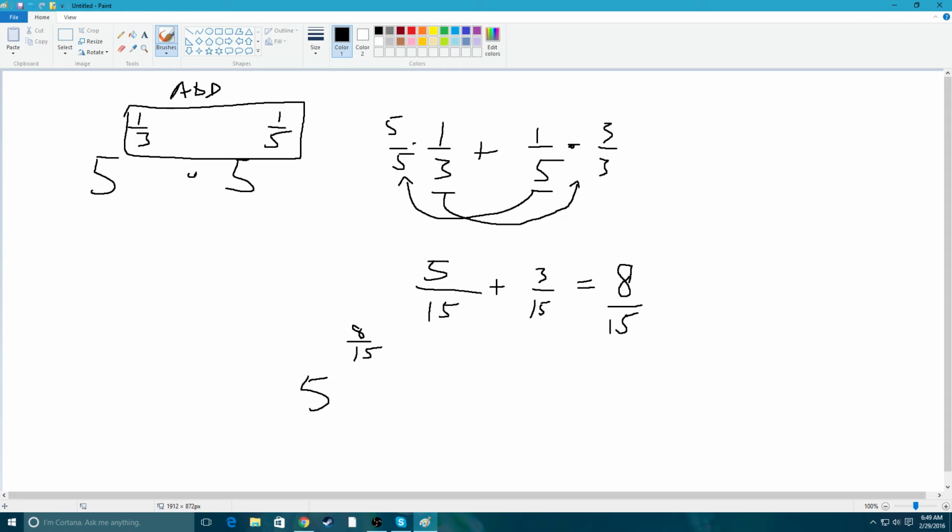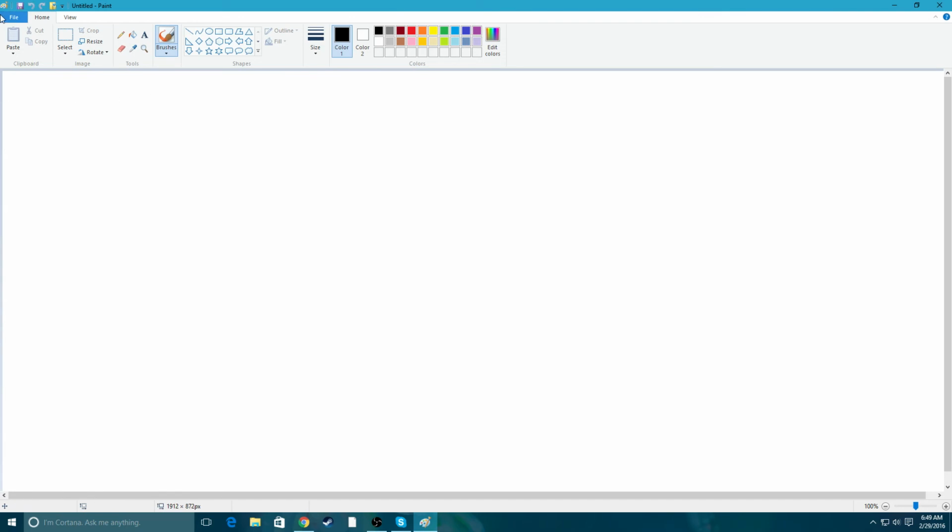Okay, and let's say you've got something like 3 to the 1/9 power times the cube root of 3 squared. We can rewrite this guy as a fractional exponent. So this is 3 to the 1/9 times 3 to the 2/3. The root is on the bottom, the exponent's on top.